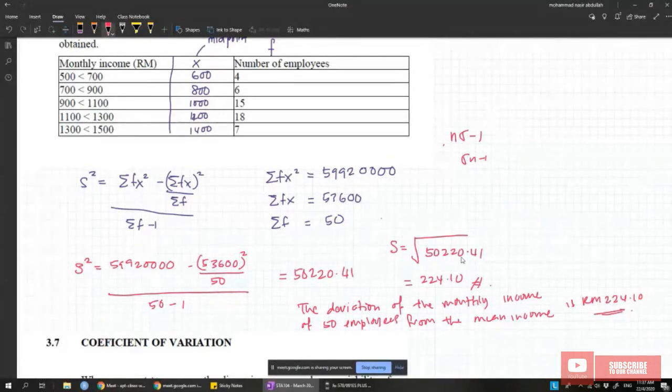So this is how you interpret the value of standard deviation.